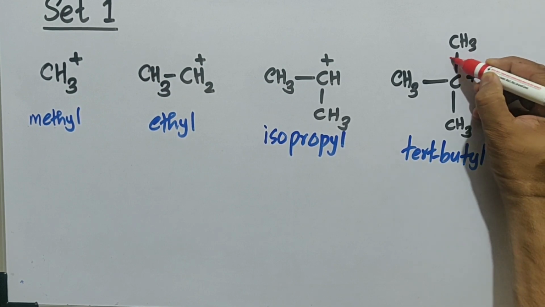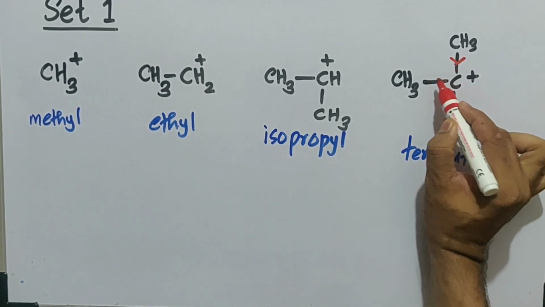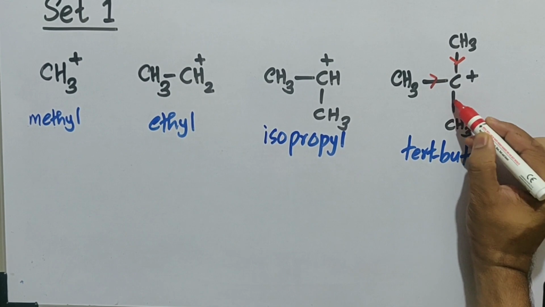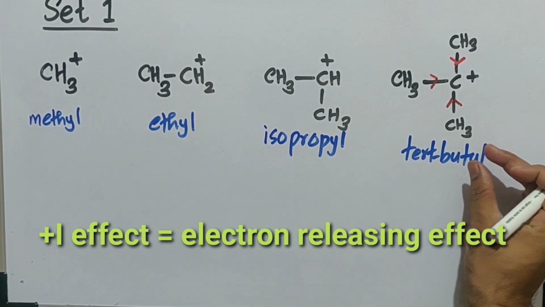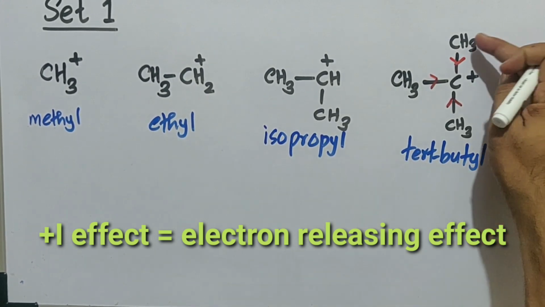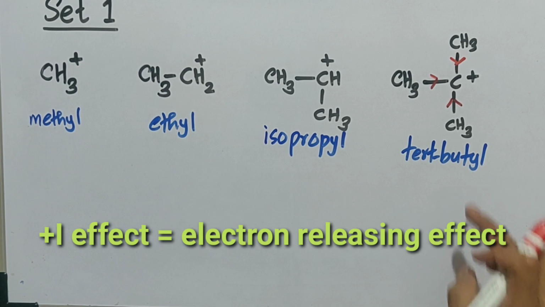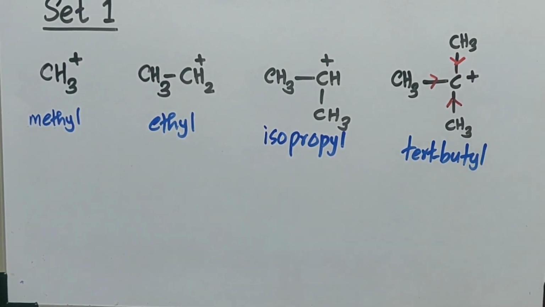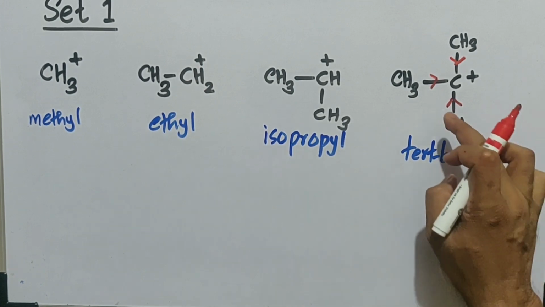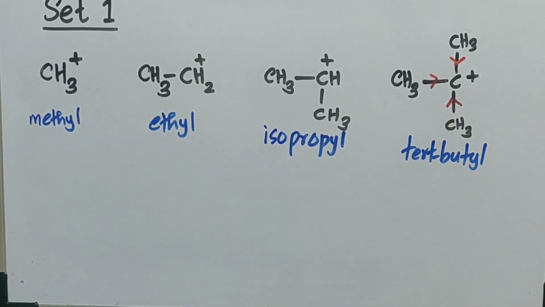So the +I effect will be here, here also, and here also. That is positive inductive effect. As a result of positive inductive effect from three sides, the magnitude of positive charge here decreases. So this species has maximum stability among the four.